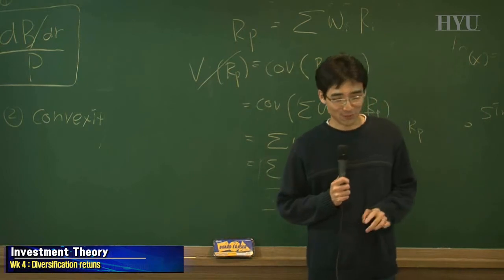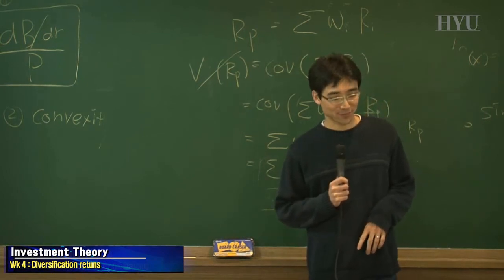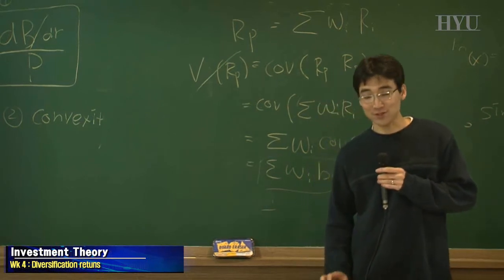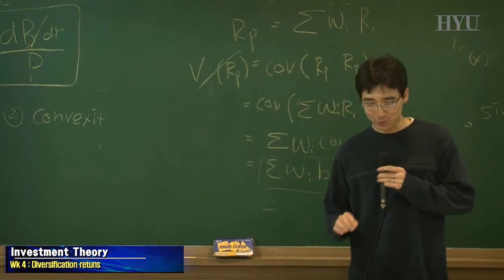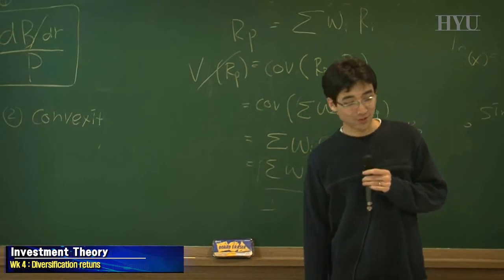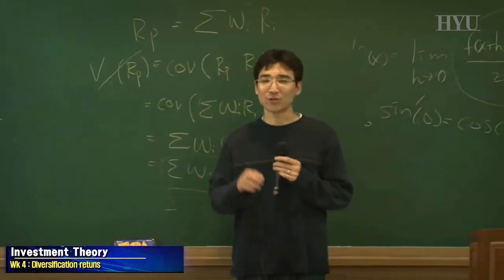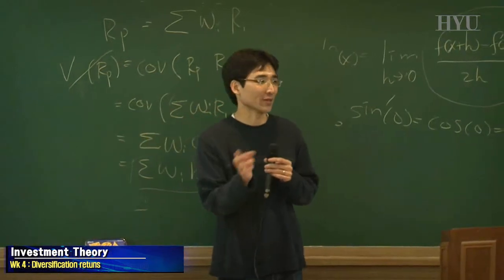So I was very surprised. This is a very important concept, and I actually suggested fund managers use this measure to determine whether to include a stock in the portfolio or not.